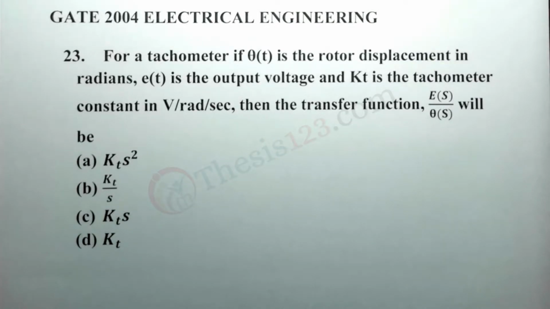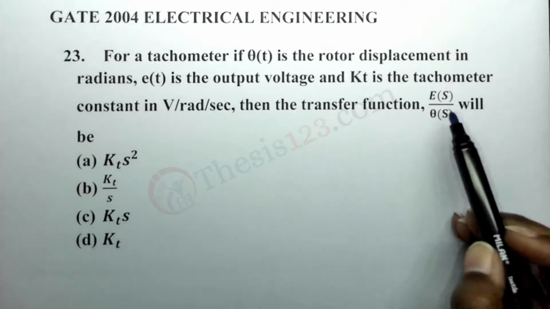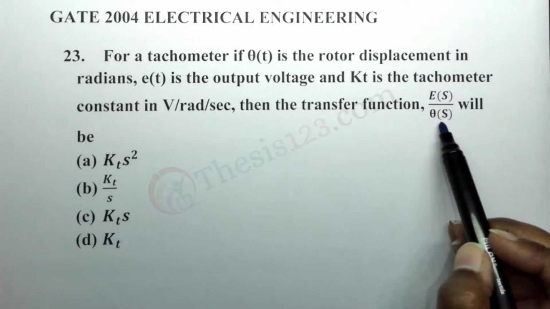Here's the next question, number 23. For a tachometer, if theta(t) is the rotor displacement in radians, E(t) is the output voltage and Kt is the tachometer constant in volts per radian per second, then the transfer function of E(s) by theta(s) will be given as, okay, so this is theta(s), if that isn't clear.